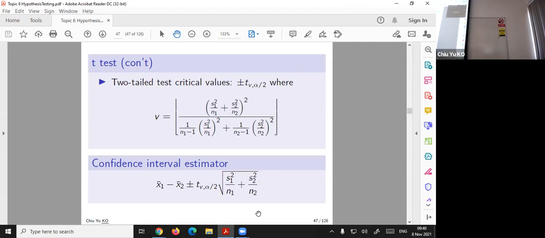It looks highly complicated, but if you look at the formula, this one would not be too much different from N1 plus N2 minus 2.